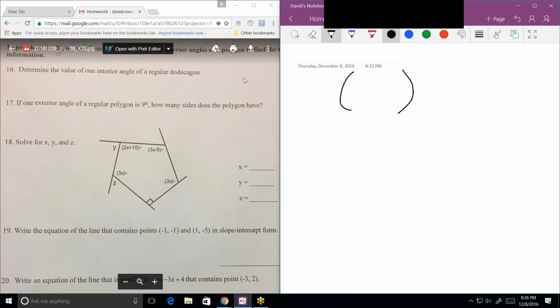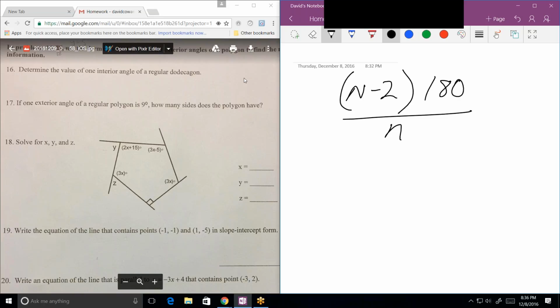Is it 180 times n minus 2? That's the sum of all the angles. So what would be one of the angles? That divided by 2? Not 2, by the number of angles there are. There's 12, right? So you're dividing by n.